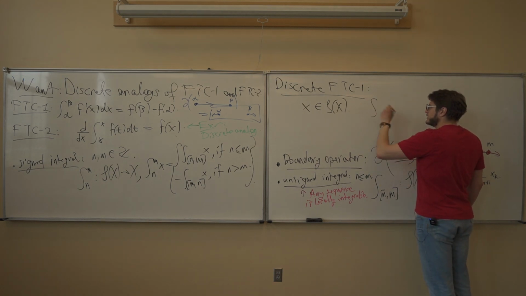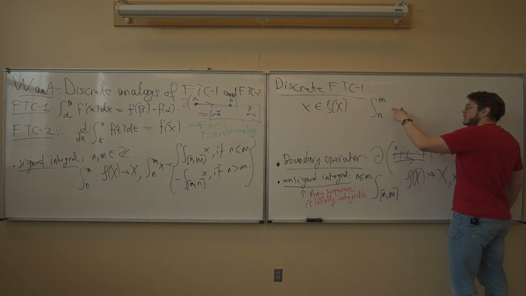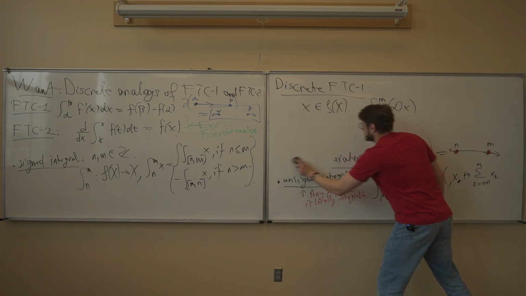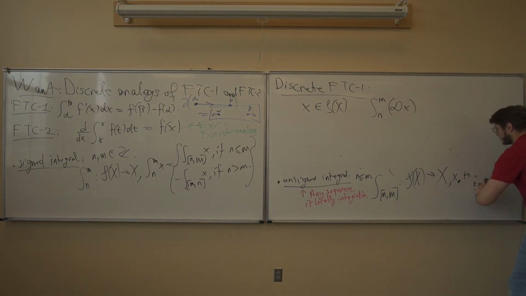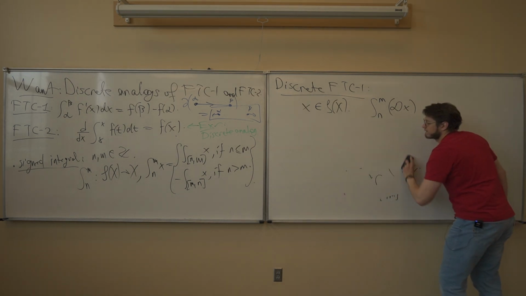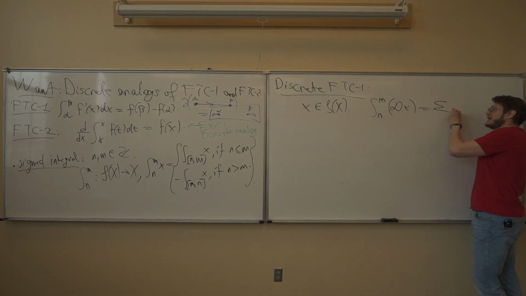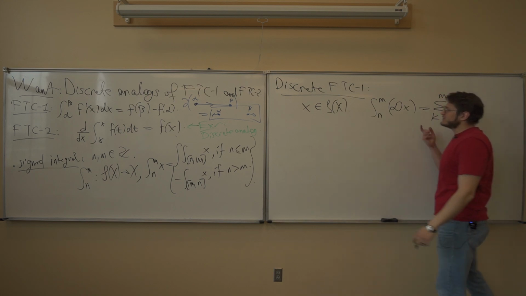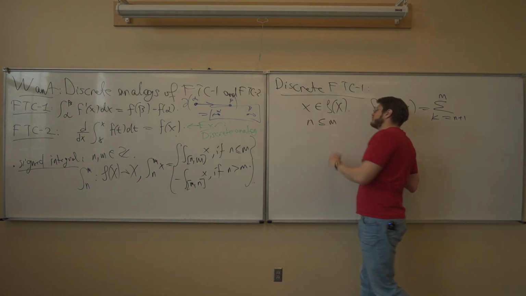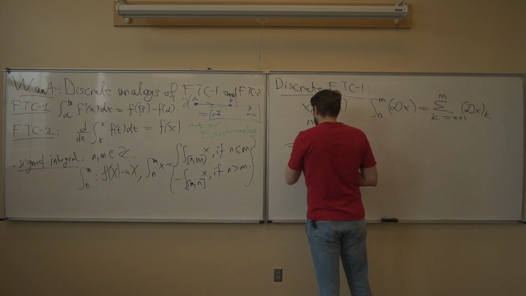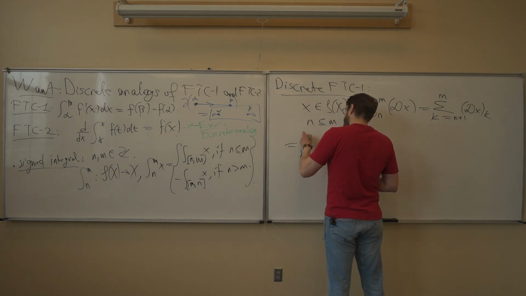Then I need to do the following, right? So the integral from n to m of d of x. Okay, so this is, by definition, the sum from n plus 1 to m. Let's just say that m is to the right for simplicity. It works in general, but this is this. But then this is nothing but this guy.